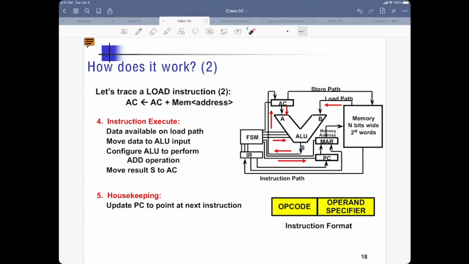Yeah, no, I understand that, but why do you have to pass that data through the ALU? Because that's just another instruction with the ALU, which just does nothing to the data. Do you see what I mean? Like we have the store path that goes right from the AC back to the MBR, but you could go from the MBR straight to the AC. Why do you have to go through the ALU? I understand that that is a path, but it just seems like it's another step. All right.